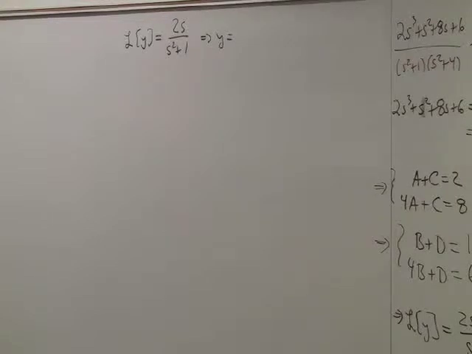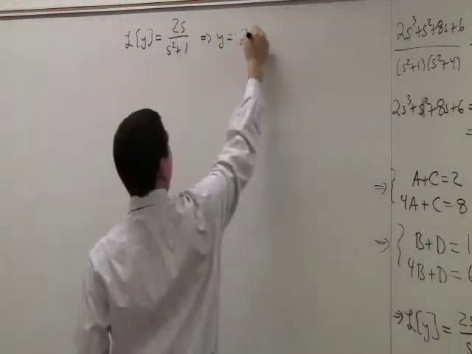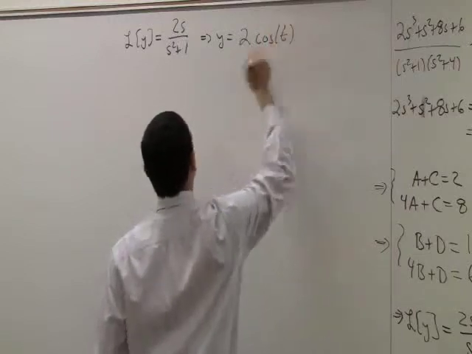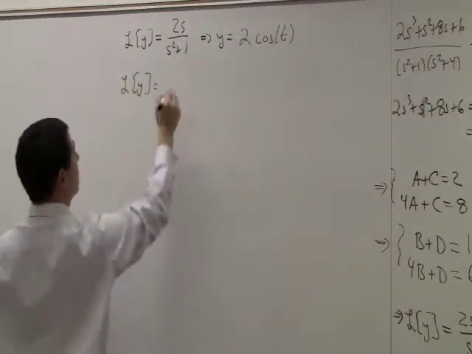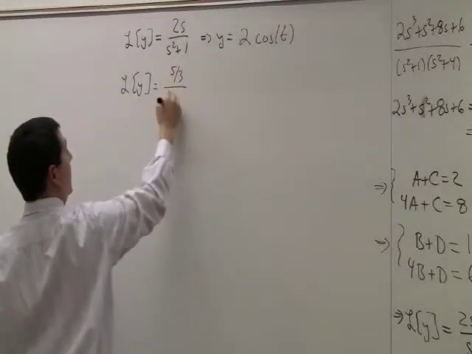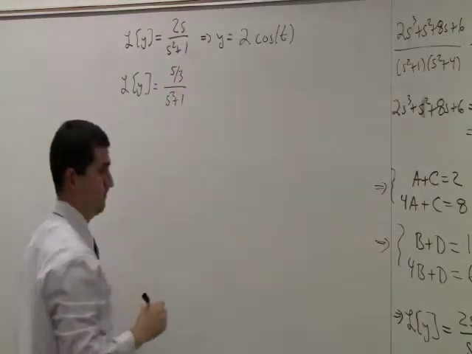2 cosine t. So if the s squared plus 1 tells you that the a is going to be 1, and you can have an s on the top, and that 2 is just a linear term, you can pull it out. So this would give you 2 cosine t. Okay. What if L of y is 5/3 over s squared plus 1?